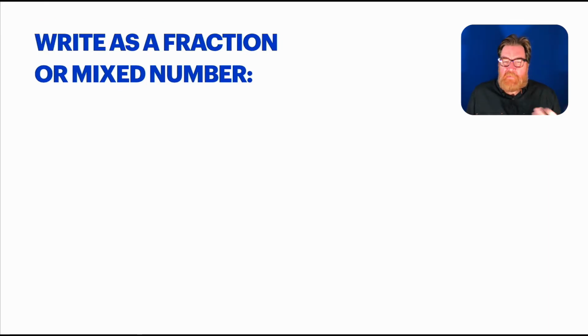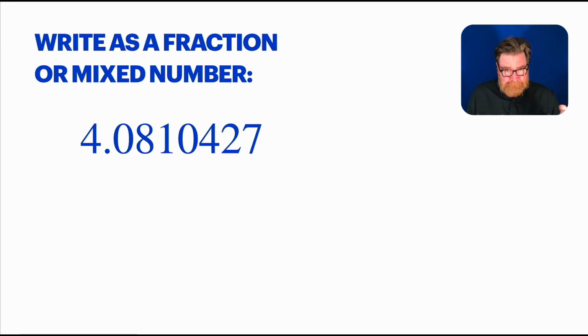Now, I'll tell you what. Let's remember how we go between these things. If you have a decimal and you want to write it as a fraction, well, you guys probably remember it's all about figuring out where that last number, in this case the 7, what decimal place is that in?